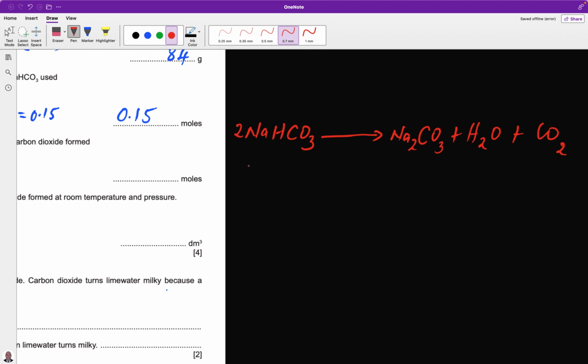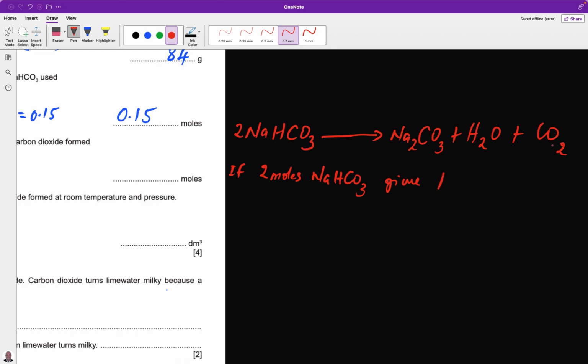We can now say, from this equation, if 2 moles of sodium hydrogen carbonate can give 1 mole of carbon dioxide.